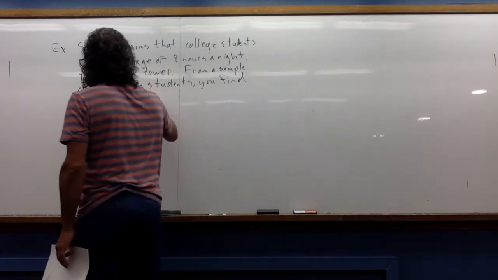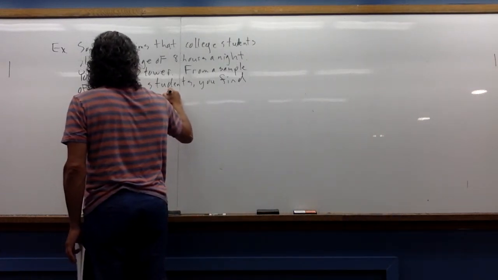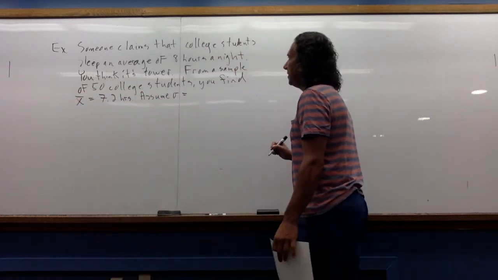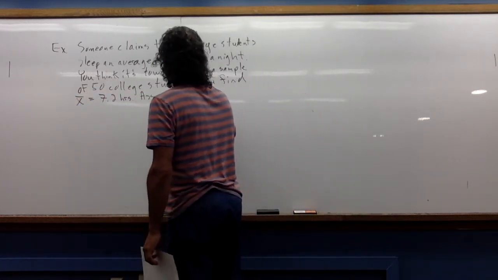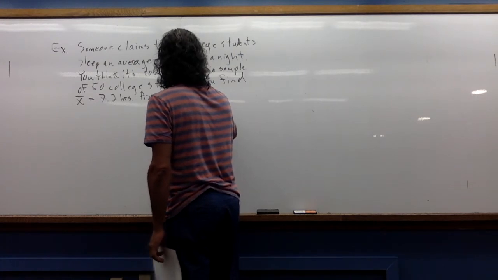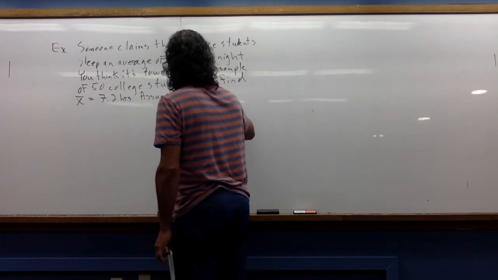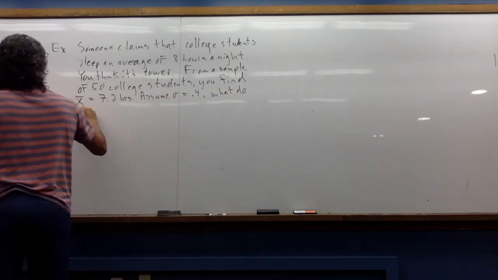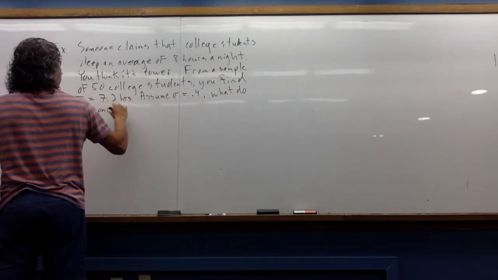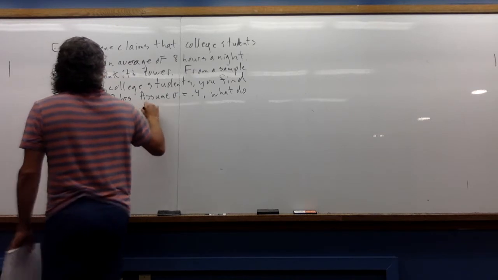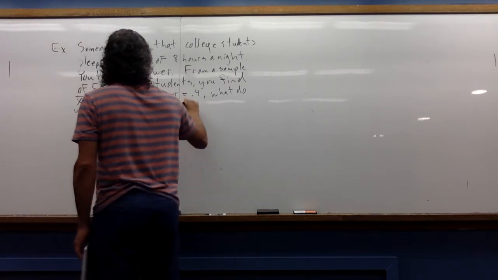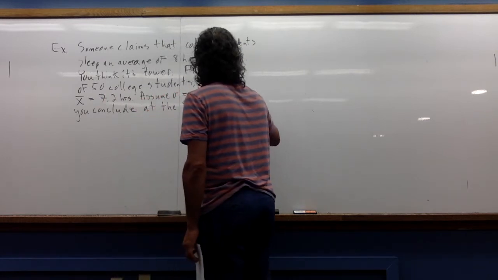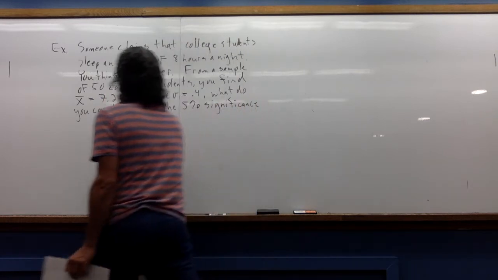If we assume that the true standard deviation is, let's say, 0.4, what do you conclude at the 5% significance level?